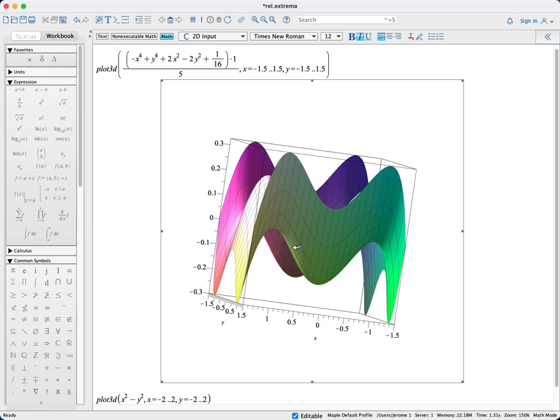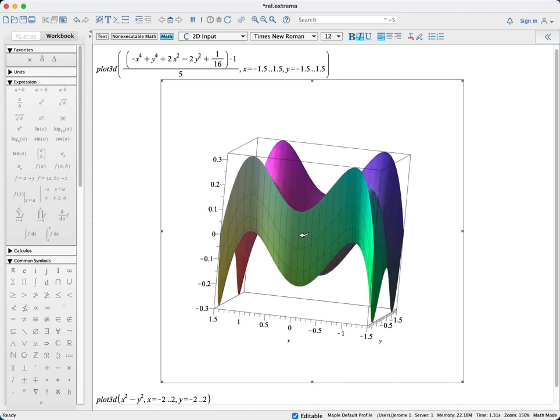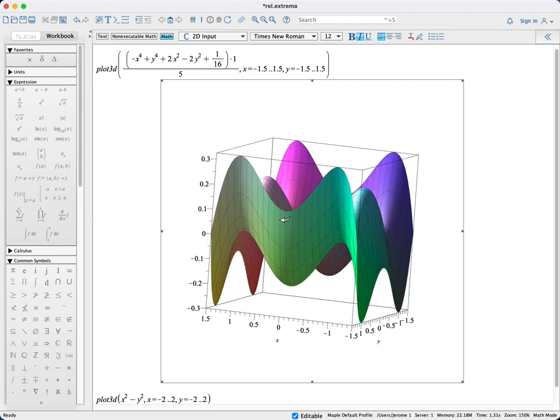So the concepts of minimums and maximums are very similar to what they were for curves. It's just that now we have to develop a process for finding and classifying these high and low points on a surface. Let me say this about these relative extrema, which is just the plural of maximums and minimums together.